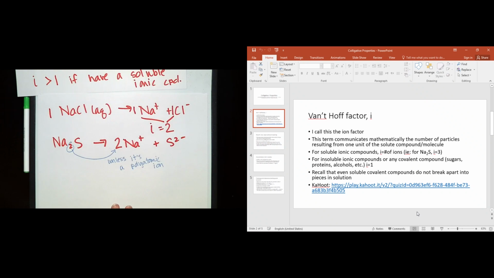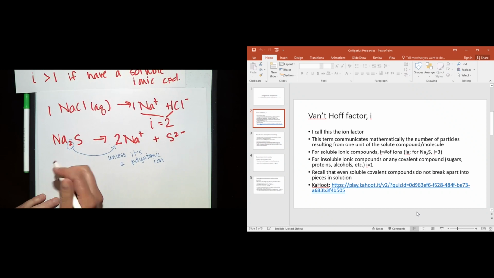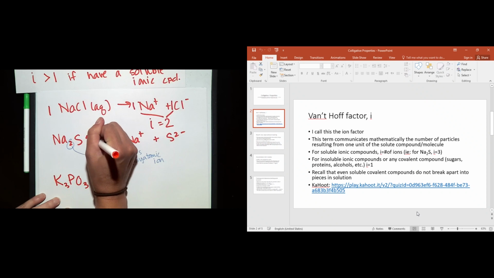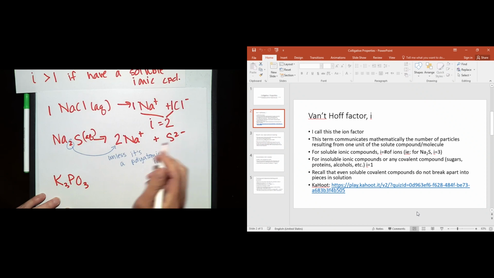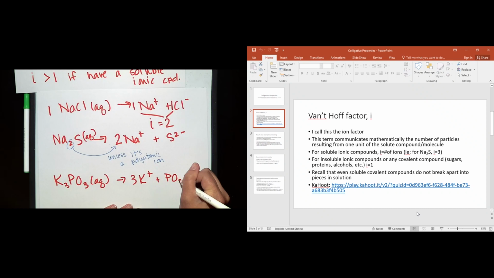Okay, let's do one with a polyatomic ion. Let's do a big one. All right, so this is soluble, and these also have aqueous after them. I'm just feeling a little lazy today. 3 potassium ions. We need charge balance, and then 1 phosphite. So that's a 3-.